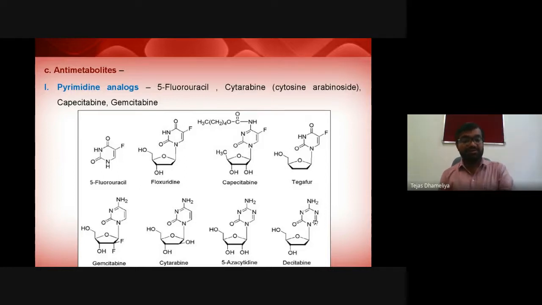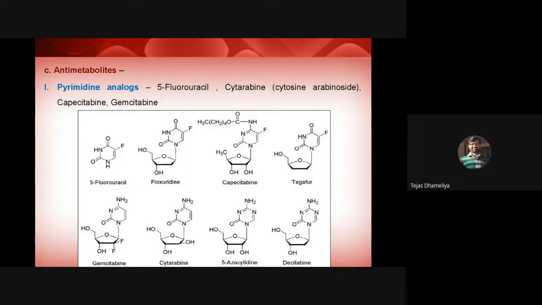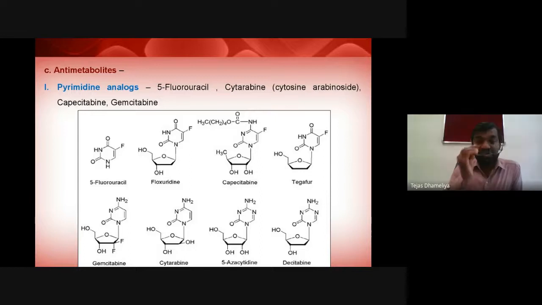Nitrogenous bases are basically of two types: purine type and pyrimidine type. Adenine and guanine are purine-type bases. Pyrimidine-type bases are cytosine, uracil and thymine. These bases are monocyclic.